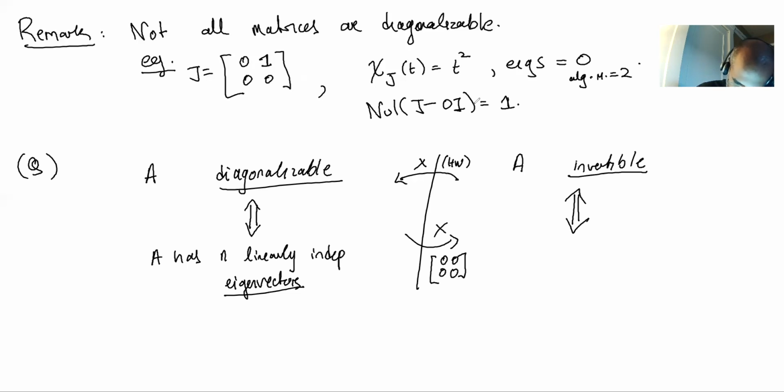Wouldn't they all have to be non-zero? Yeah, A is invertible if and only if all eigenvalues are non-zero.